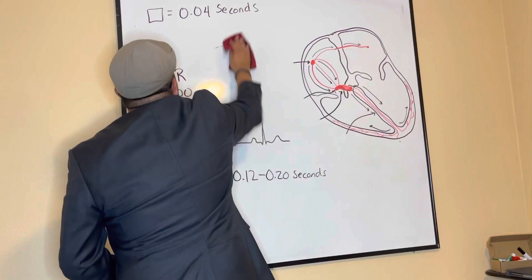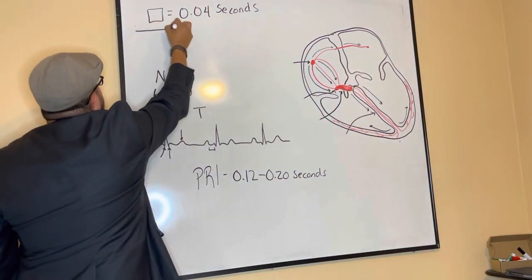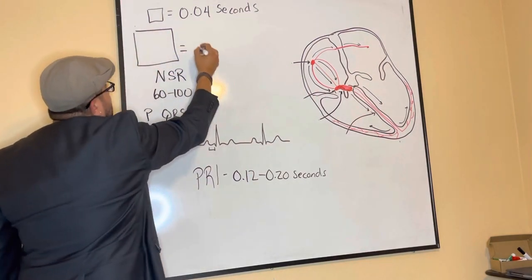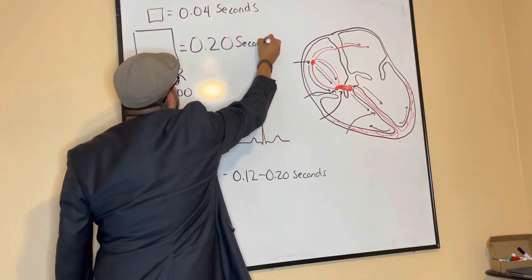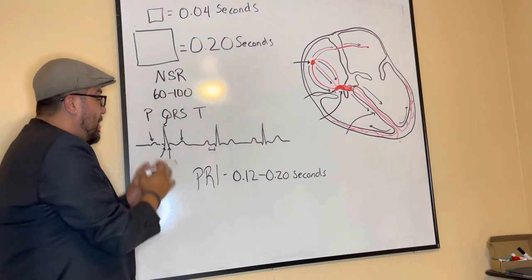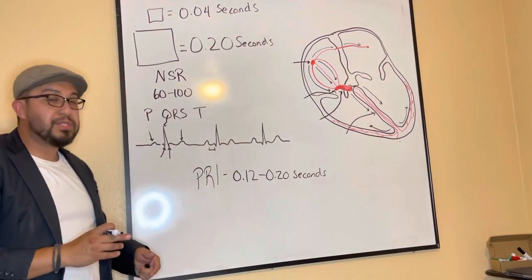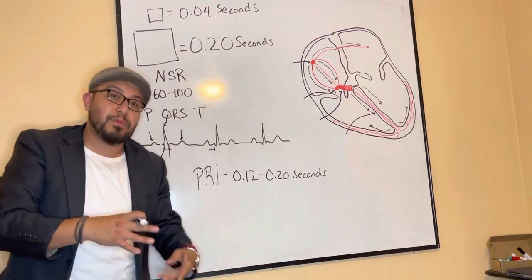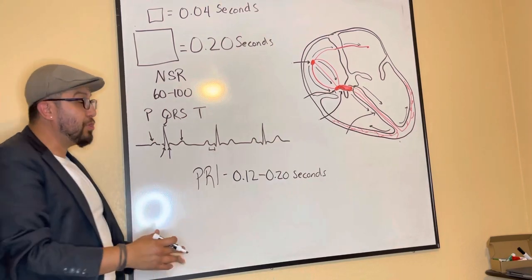And then you're going to have the larger box. Of course, these are not up to scale, but the larger box represents 0.20 seconds. So when you're reading the distance of the PR interval or the QRS, you're going to be utilizing the background graph sheet to estimate the time duration that each of these complexes or portions of the complex should be aligned with.